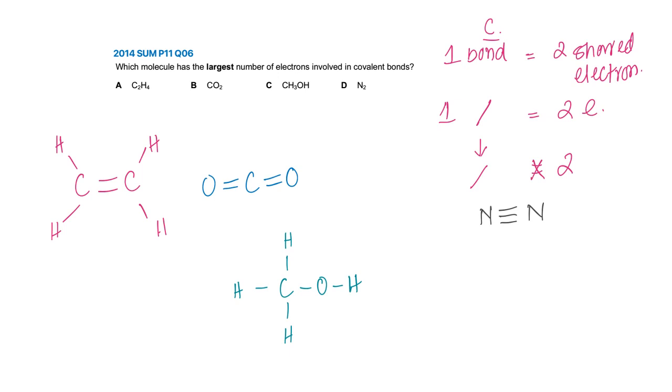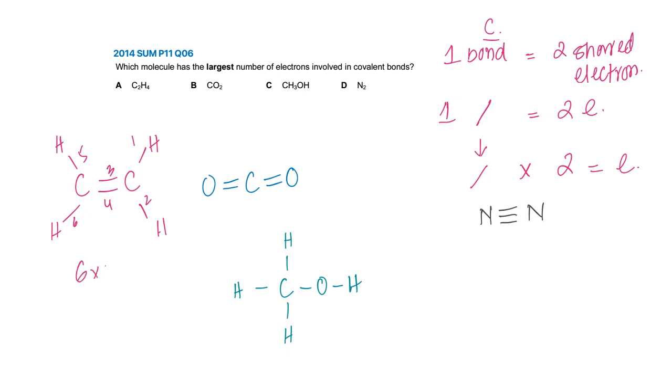I'll multiply this by 2 and I'll get the number of electrons in total. So how many lines do we have over here in the first one? We have 1, 2, 3, 4, 5, and 6.